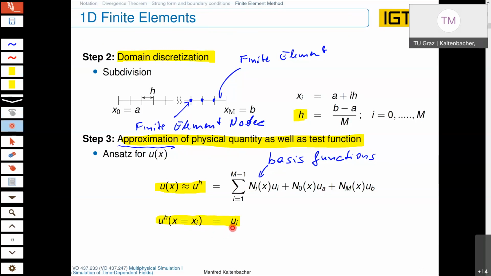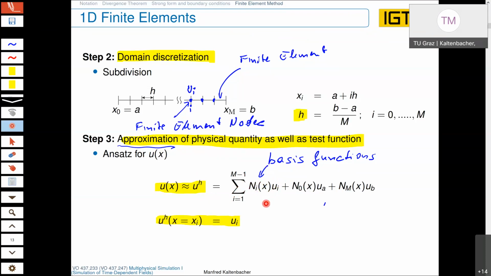So let's say this is the node I, then here you have the unknown physical quantity with index I. You can then write your approximate solution as the sum of all these basis functions scaled with the unknowns at the finite element nodes.